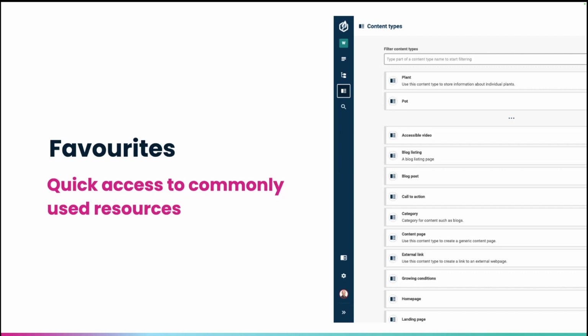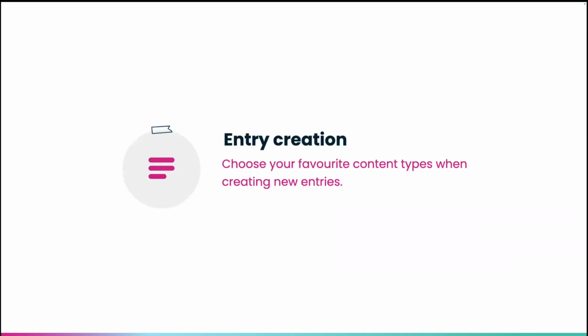So we've introduced favorites. When we introduced views in Contensis 15.3, we had the ability to set those views effectively as your favorites. These are the views that you want to see. We created a new favorites API, and now we've been able to use that same favorites API to start adding favorites to commonly used resources in Contensis.